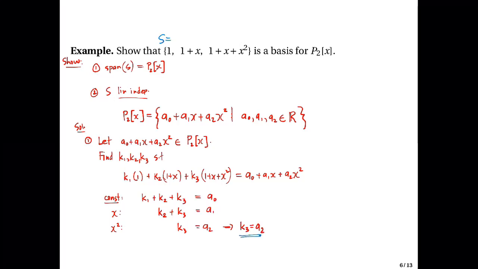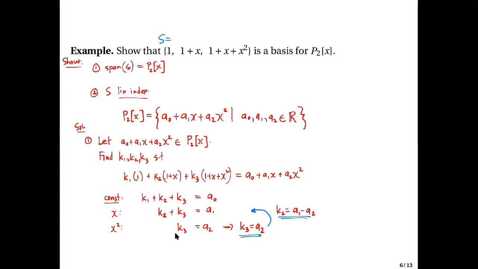Then I use it in here to find k2: k2 plus k3, but k3 equals a2, so k2 plus a2 equals a1. So k2 equals a1 minus a2.